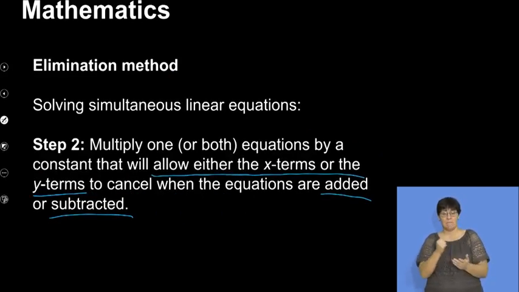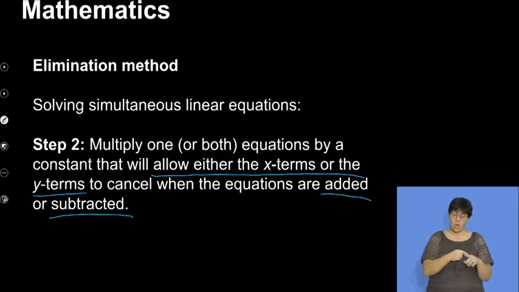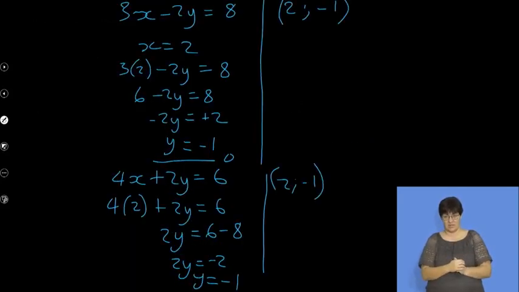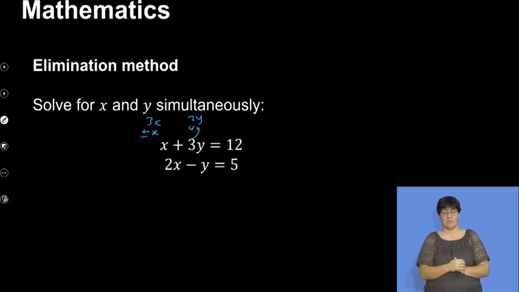I said multiply one or both equations by a constant that will allow you to cancel out one variable. So what does that mean? I can just say I'm choosing x, to cancel x first and solve for y. To do that, this x here must be 2x.